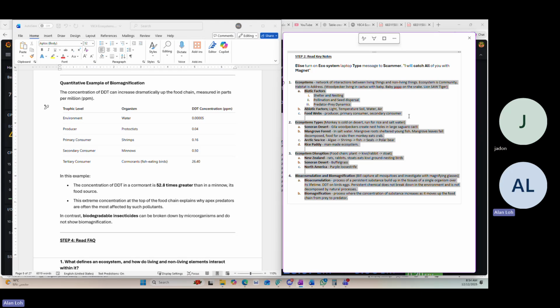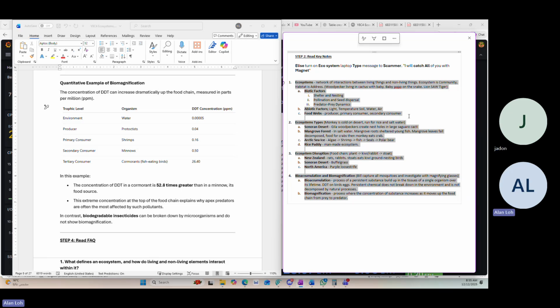Can you tell me what is drawer number one now? Drawer number two, ecosystem types. Number three, ecosystem destruction.